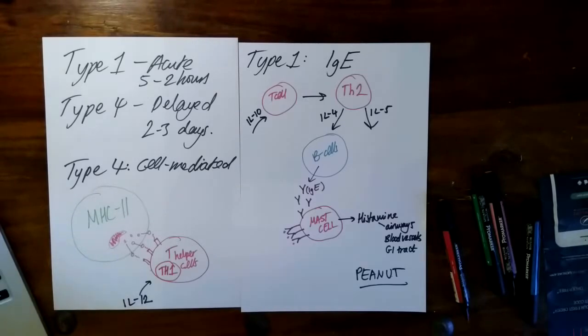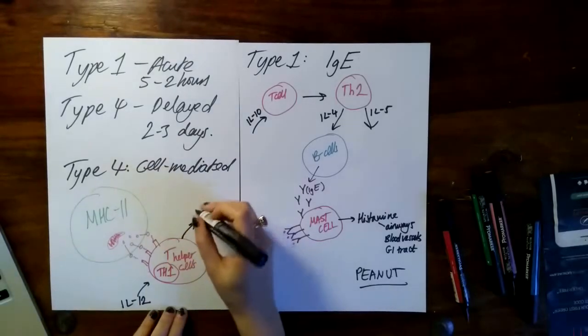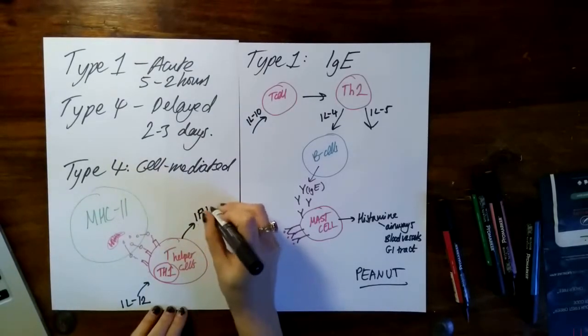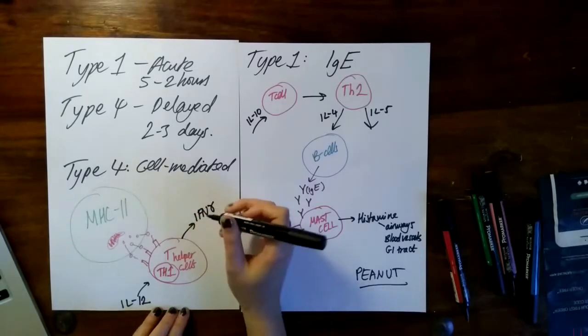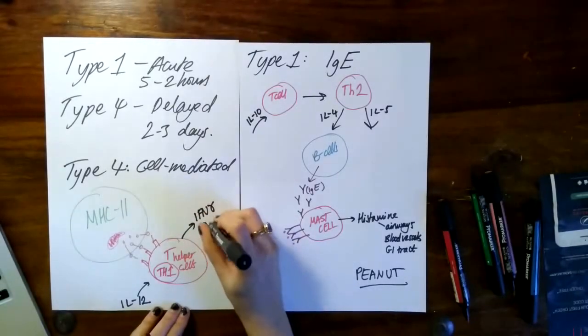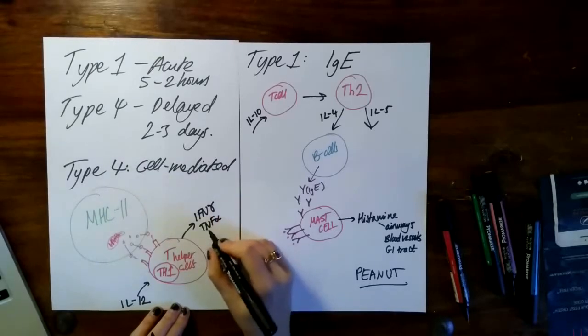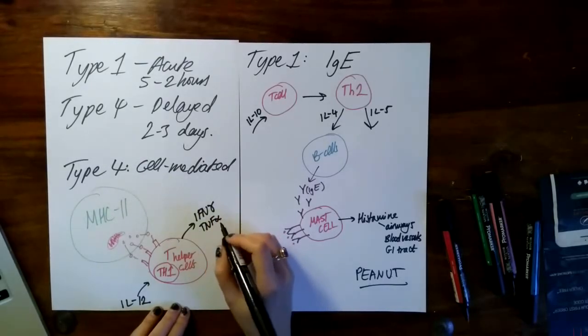These cells then release interferon gamma and tumor necrosis factor alpha.